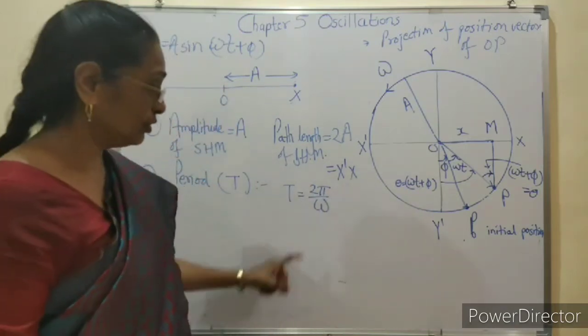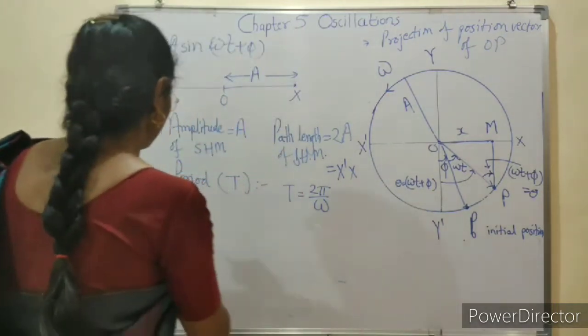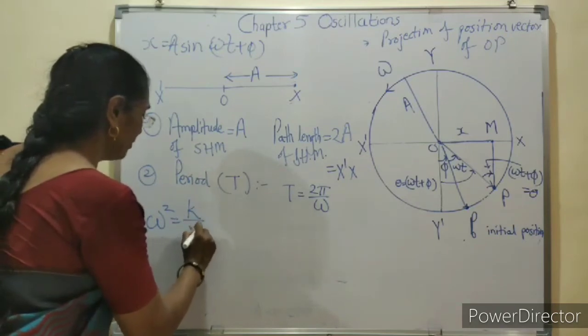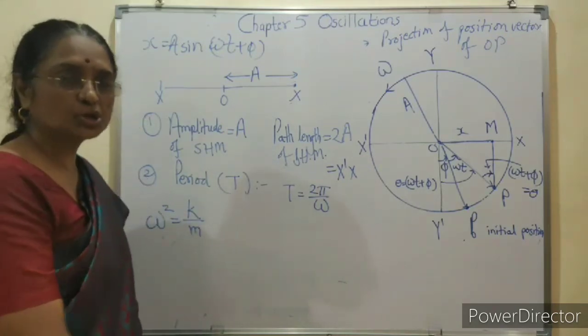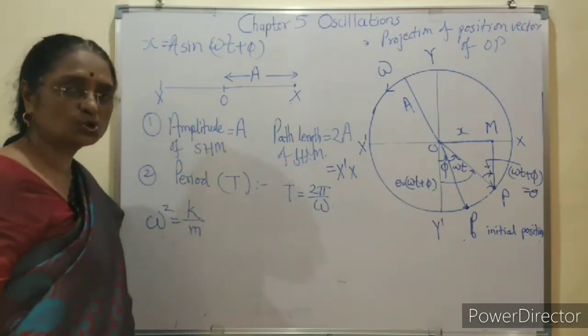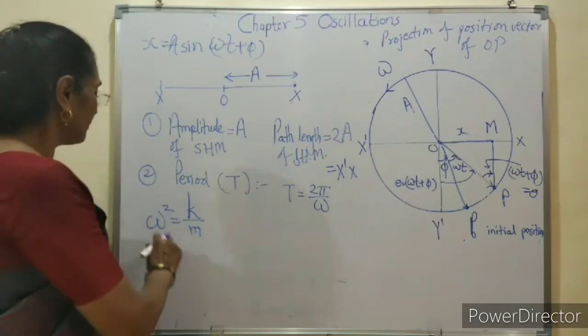This omega, the constant, we can write it like this: omega square is equal to k upon m. From our first demonstrating experiment, that is spring mass oscillator, k is force constant, or spring constant, we have taken there.